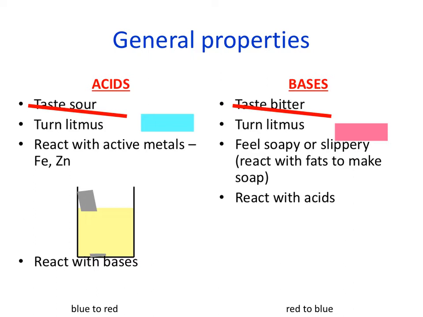Acids tend to taste sour, so things like lemon juice, vinegar, those are acidic, so they taste sour. They turn litmus paper red, actually, from blue to red. And then they can react with active metals.